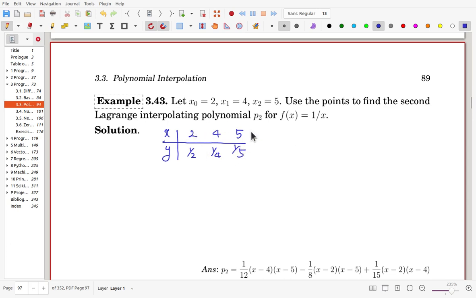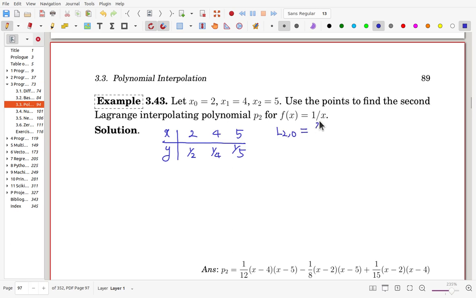By using these 3 points, x0, x1, x2, we can get the P2. Okay, so the cardinal functions must be second order, and L20 for x0 is now: we jump x0.